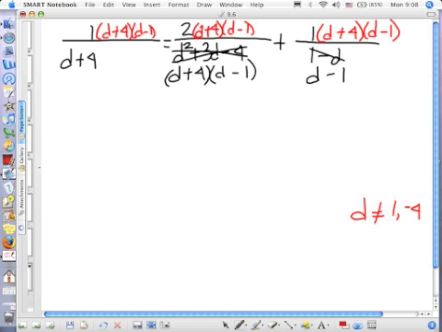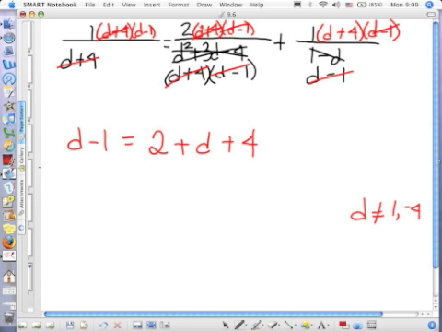We need to reduce our fractions, and we need to multiply our stuff out. Here I've got d minus 1. There, all I'm left with is 2. And over here I have d plus 4.